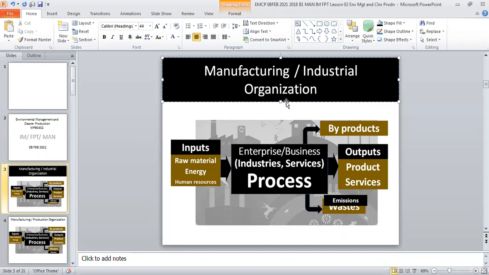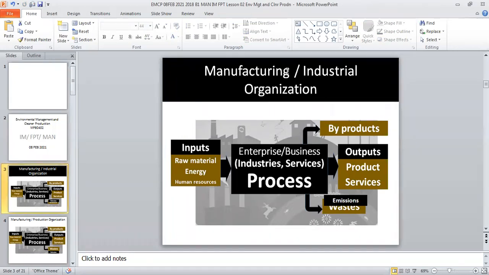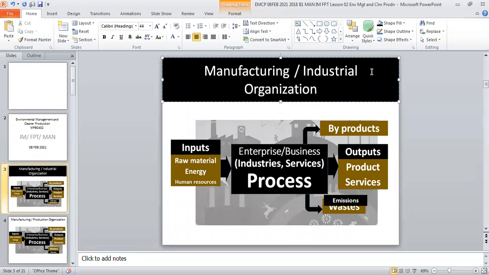Even for food, you may have a similar experience. Under the environmental management and clean production subject, the production word is there.